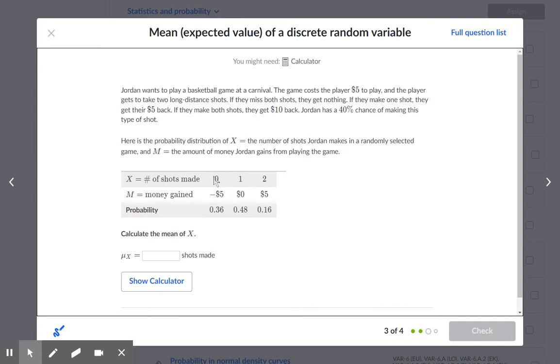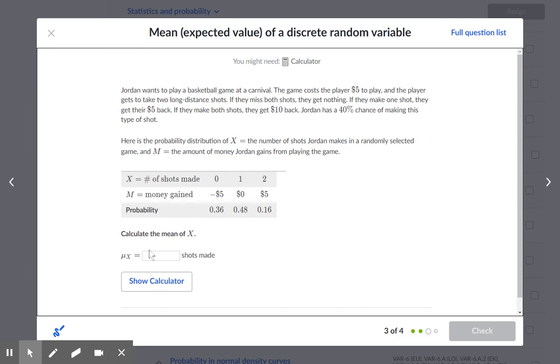He can take 2 long distance shots, but he makes 0 of them, or 1 of them, or both. And the money he earns: negative $5 if he hits nothing, and 0 if he hits 1, because it balances out. If he hits 2, he actually makes $5. And those are the probabilities associated with the money gain, or the shots made.